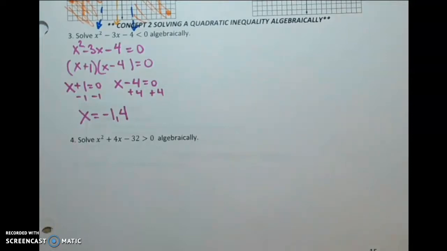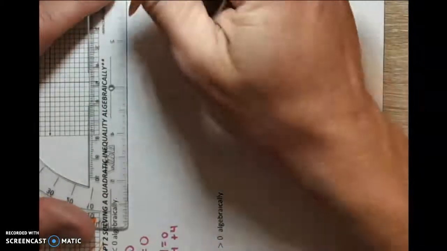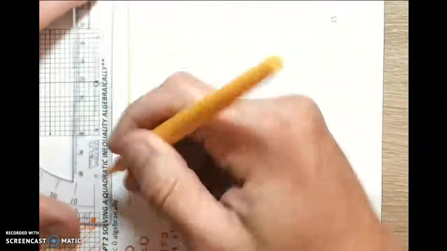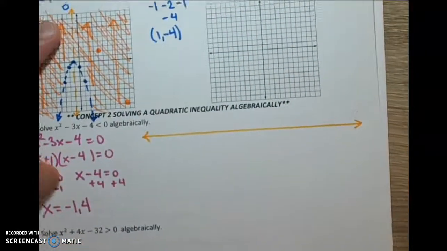Now, this may seem a little crazy and totally different for a lot of you guys, but next I need to make a number line. And when I make this number line, I do want values less than -1, in between -1 and 4, and greater than 4. So let me show you what I'm talking about. So over here, I can make a straight line like so.